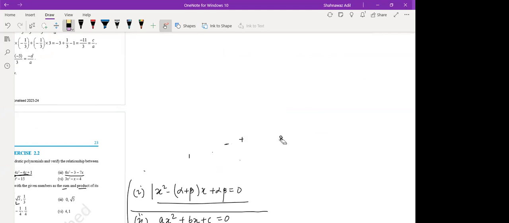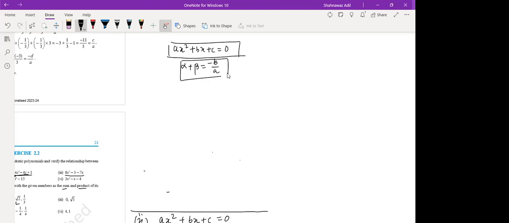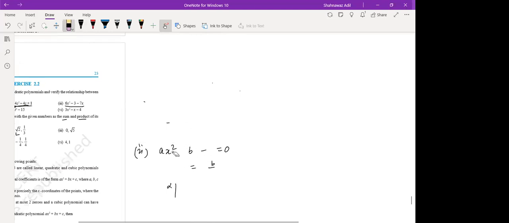We know that we have a quadratic equation, and this is the quadratic equation, and we know that the sum of the zeros is minus b by a, and the product of the zeros is c by a. These three things, right? Yes, sir.